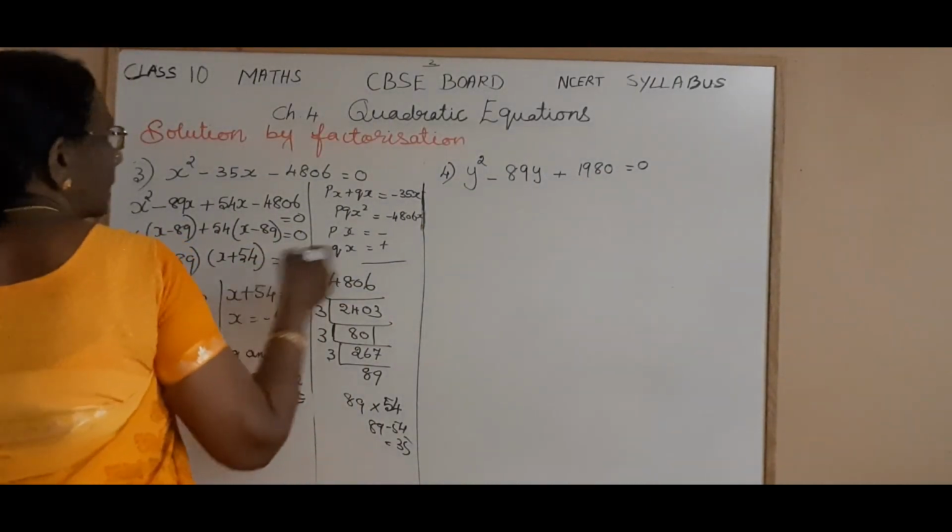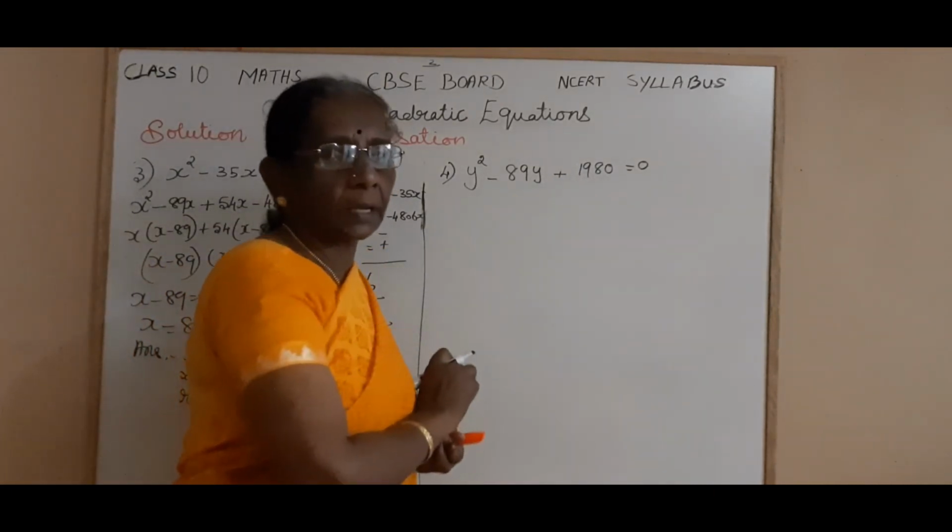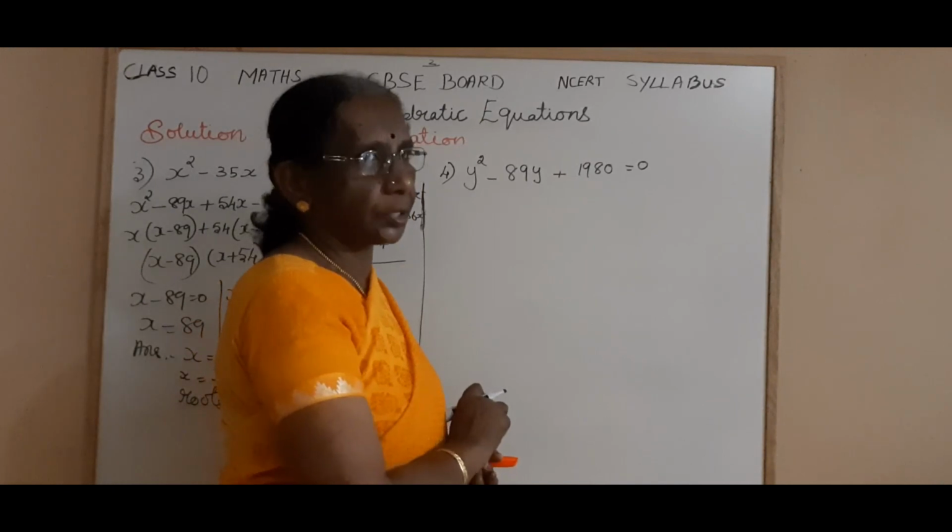So here the middle term is 89 and the product of the first term and the last term is 1980.